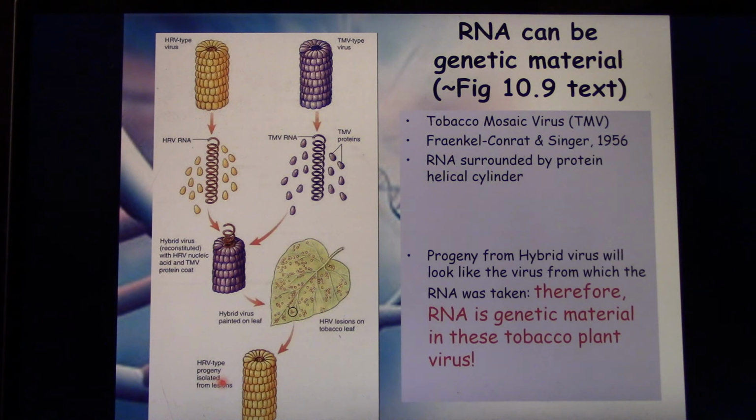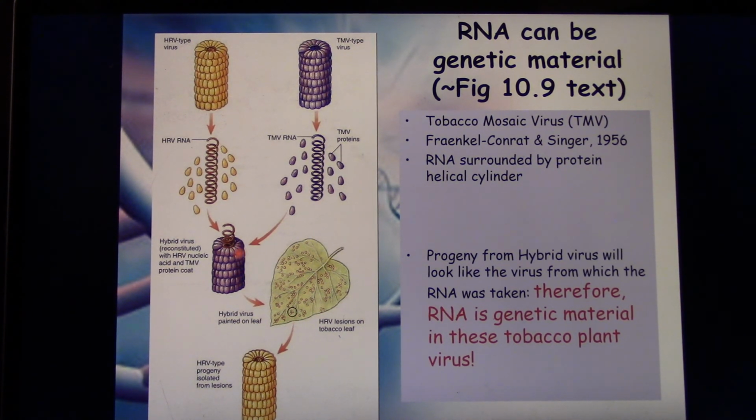Well, it looked like the HRV type, or the yellow type, as you can see very easily on this diagram. So whatever the nucleic acid was, that determined the type of virus that was the genetic information that was passed down. So this suggested that, again, it was not protein, but nucleic acid that carried genetic information. The progeny from hybrid virus will look like the virus from which the RNA was taken. Therefore, RNA is the genetic material in these tobacco plant viruses.